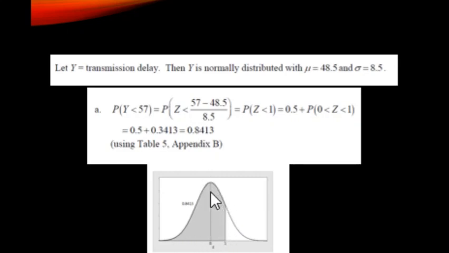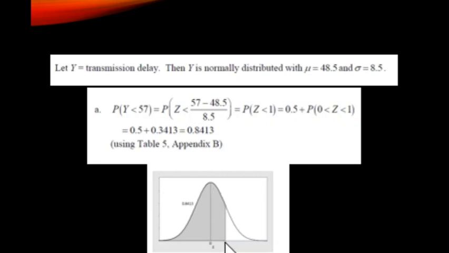So this whole area. We already know this is 0.5 because it's just the midway; 0 to the left is 0.5. If we can figure out this part between 0 and 1, that will give us the total probability. Between 0 and 1, we can find this from the table.